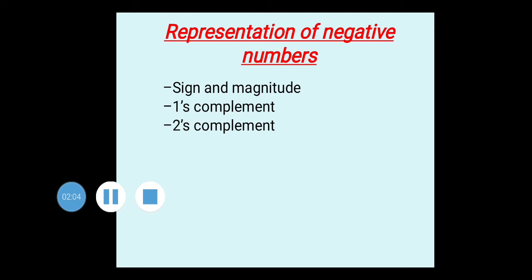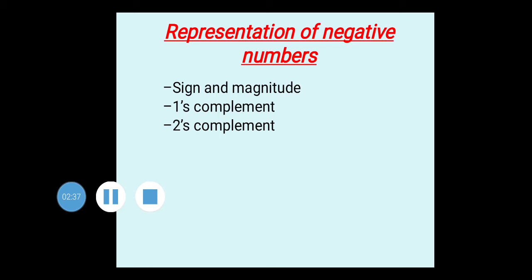That we have already discussed in the videos before. If the MSB bit is 1, that means the given binary number is negative, and if the MSB bit is 0, that means the given binary number is positive. So this is how you can represent a negative number or a positive number in the binary number system.